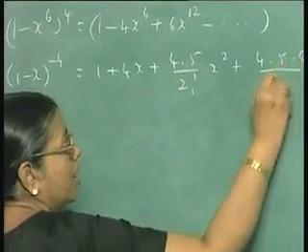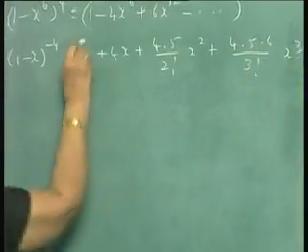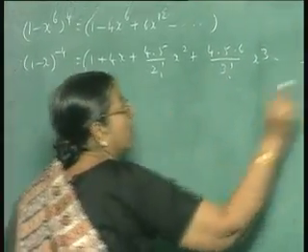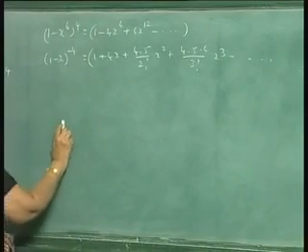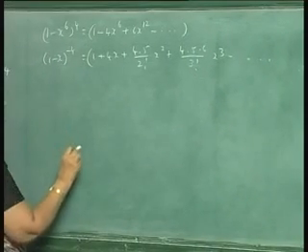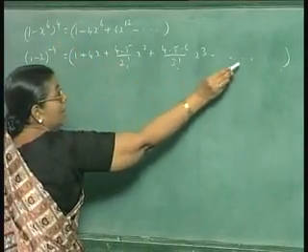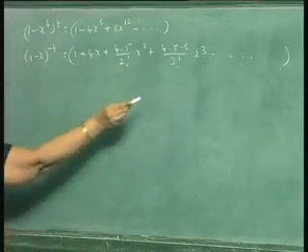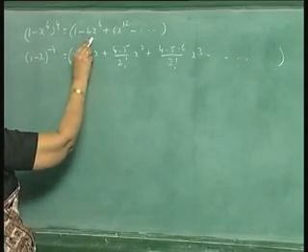So, if you multiply the 1 by the coefficient of x power 13 here, what will be the coefficient of x power 13 in this expansion? That will be 4 into 5 into 6 up to 16 by 13 factorial, because we are considering the coefficient of x power 13.